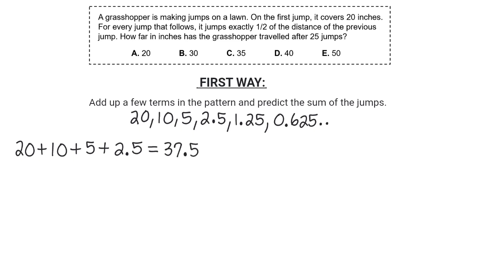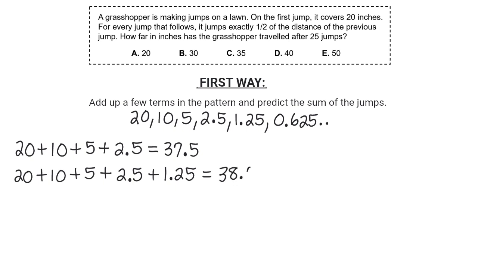Now I'm going to take that sum and add the next term to it. Like I said, you won't have to write this over and over again if you have a calculator. So I'm just doing it just for the video. And so adding 1.25 to that sum, you're going to end up with 38.75. Now we're going to add that next term to it.